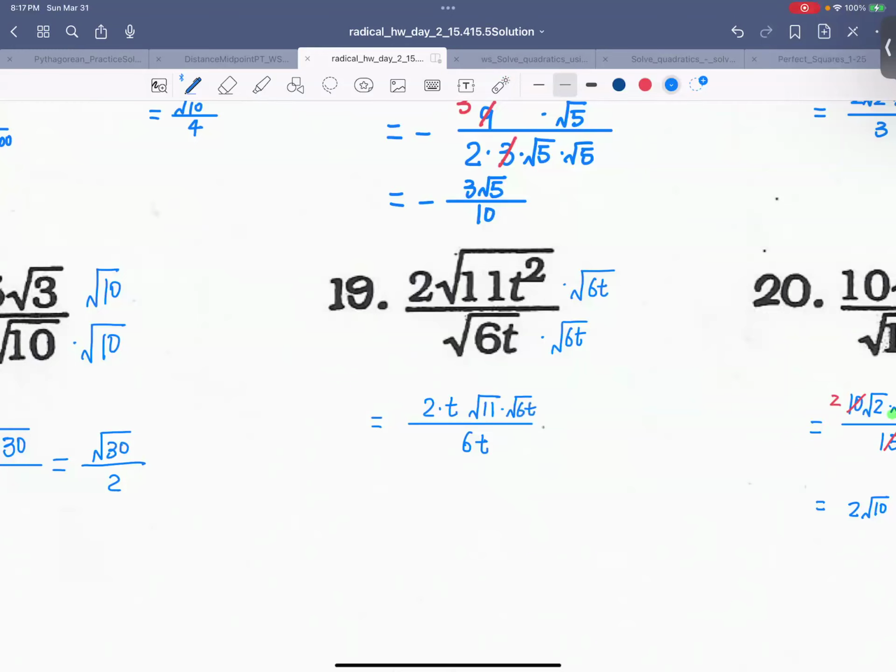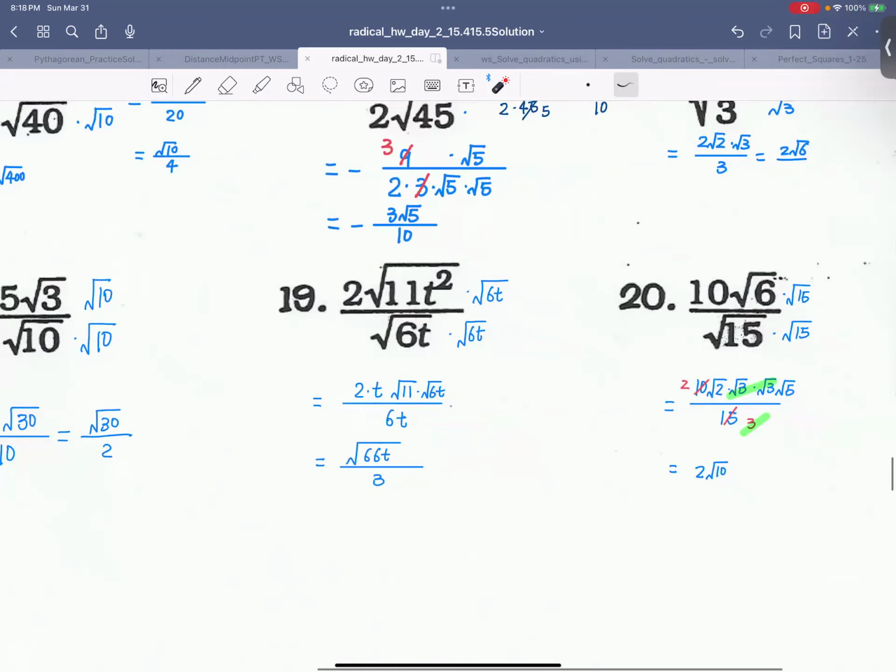This can be simplified by 2, so 1 over 3. So the top becomes square root of 66t over 3. That's it. That's number 19.